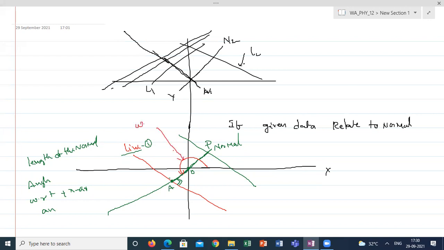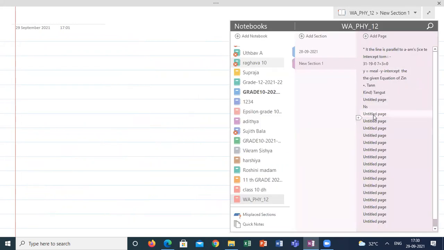So I'm taking this as omega. Omega is the angle between the x-axis and the normal to the line. So the normal is also nothing but a straight line, but it has a standard condition: it passes through the origin and is perpendicular to one particular line. Then it is called the normal to that line. You take any normal in the coordinate system; by definition it passes through the origin. So if I have these two data, how do I calculate the equation of the line? I'm giving the data like this.